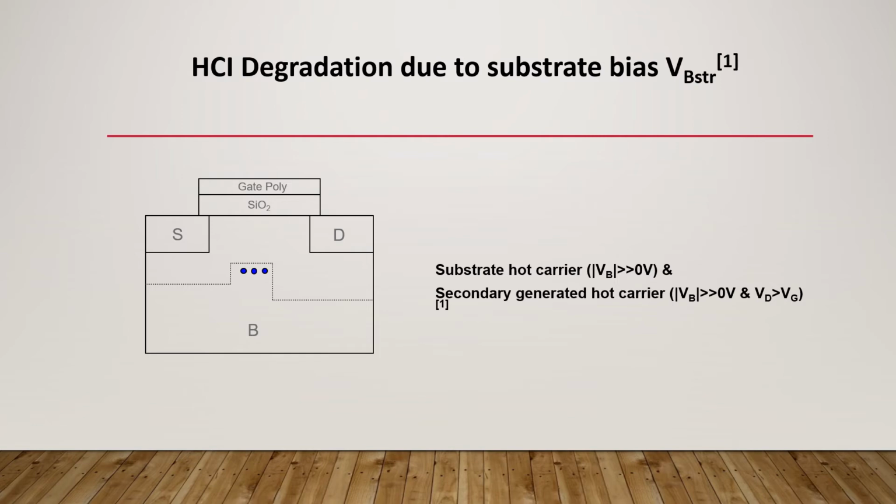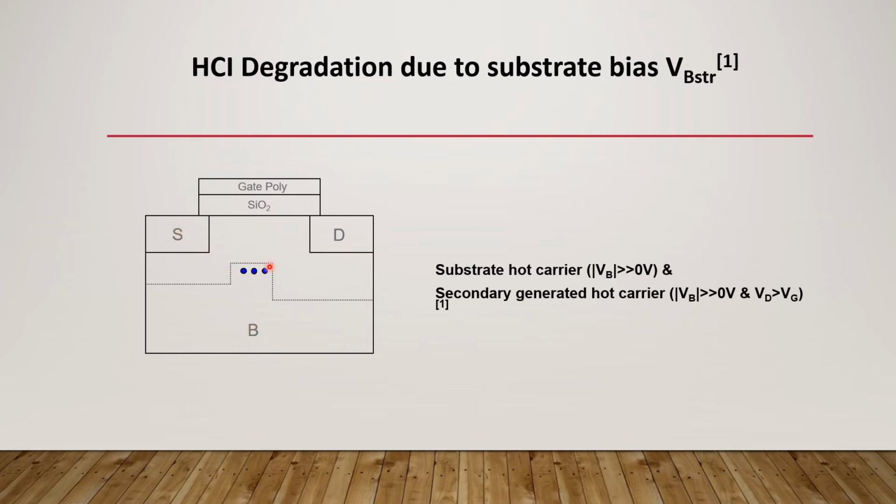And because VBS is very, very high, the direction of the electric field is positive here, negative here. It's the other way around, basically a negative VB, so negative here and positive here.